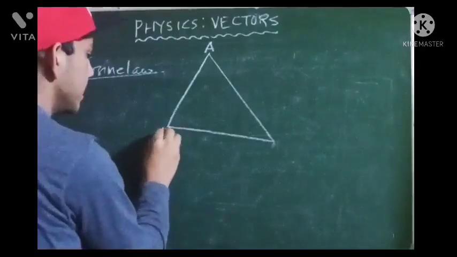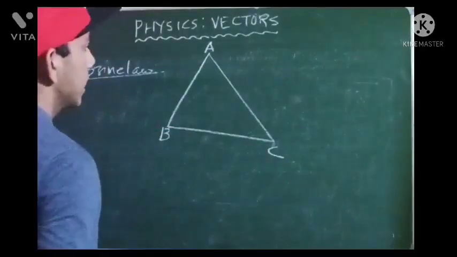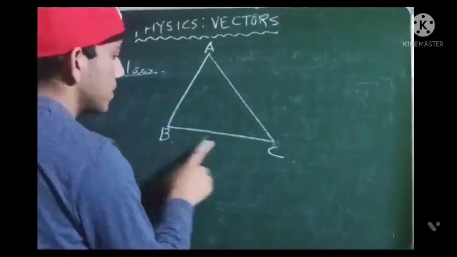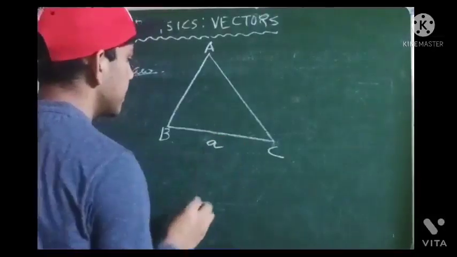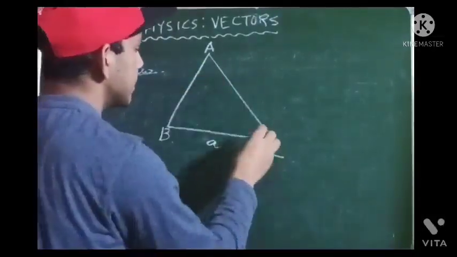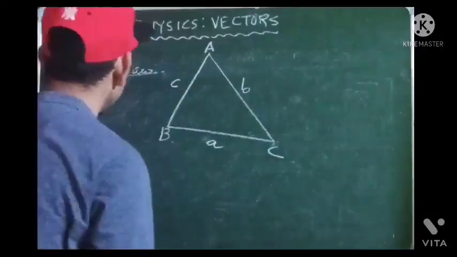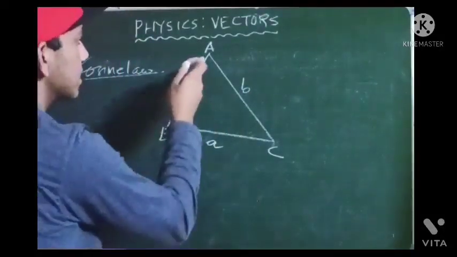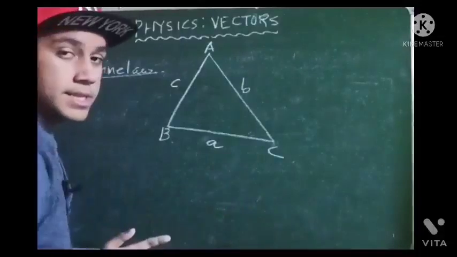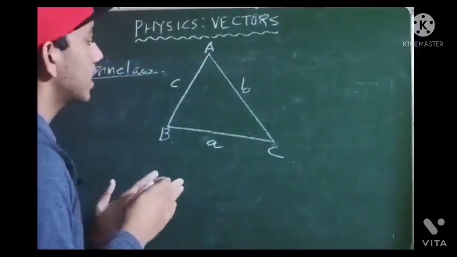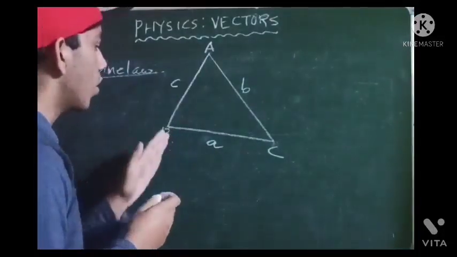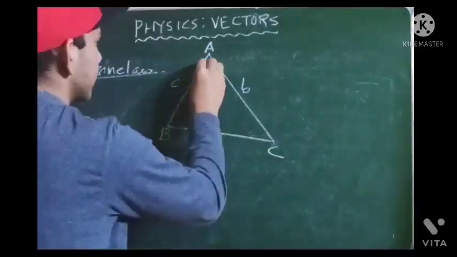Suppose we have a triangle ABC and the length of the side BC is represented by small a. The length of the side AC is represented by small b, and this is small c. Then let us suppose ABC represent the vertices of the triangle as well as the angles of the triangle.